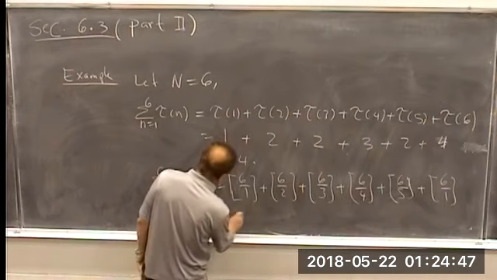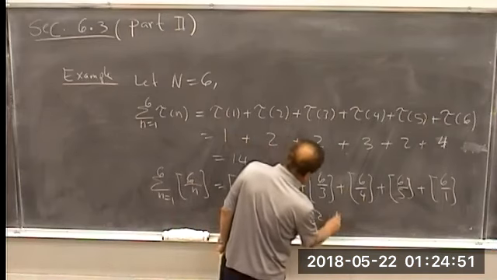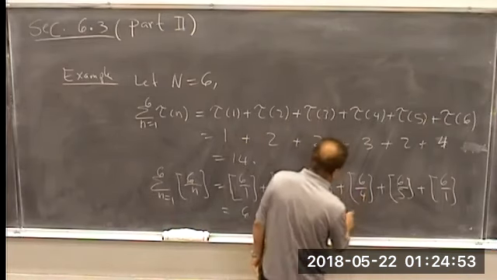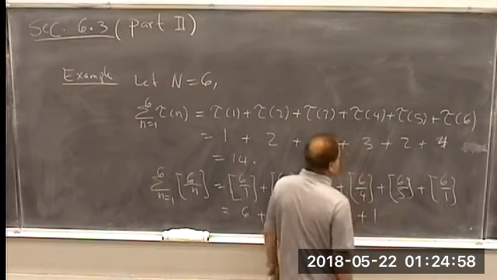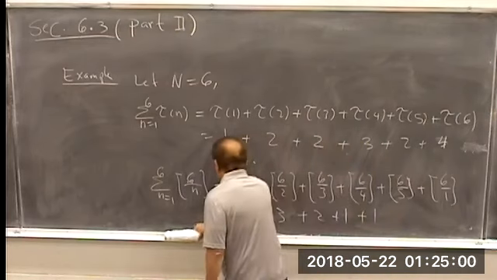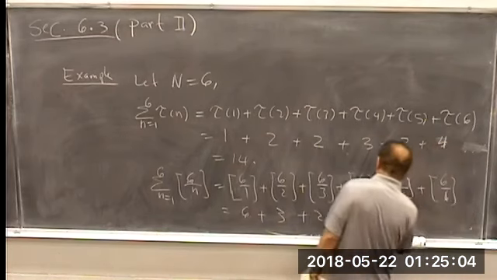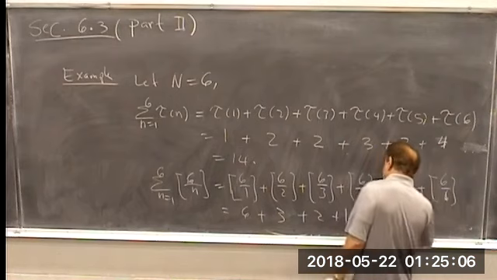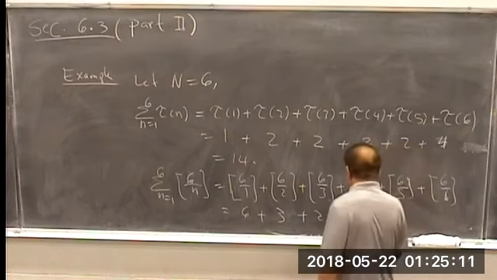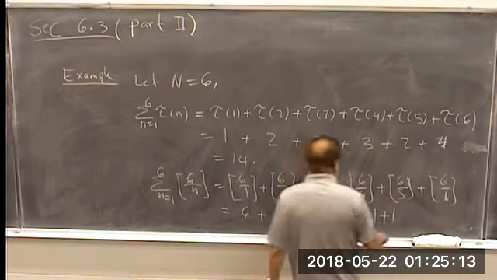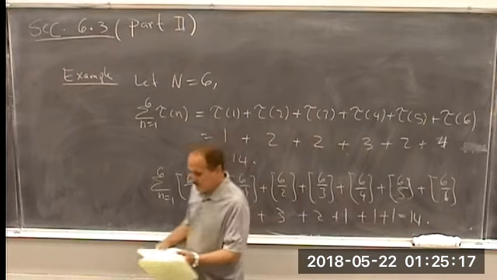And this gives me 6, gives me 3, gives me 2, this one is 3 over 2, this is 1, and this is another one. So altogether, I hope we're going to come up with the same total. All right, so this verifies the statement.